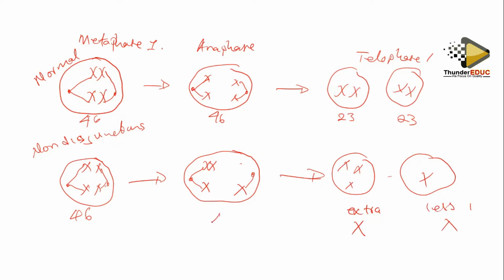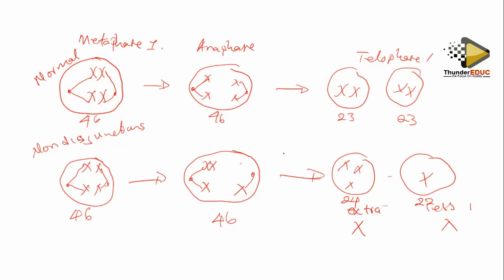If this one is supposed to be 23, but it has an extra, it's going to be 24. And this one is supposed to be 23, but it is short of one chromosome, so it's going to have 22.